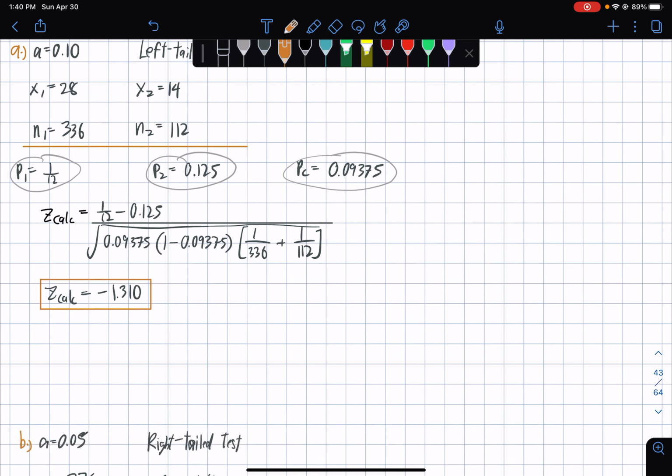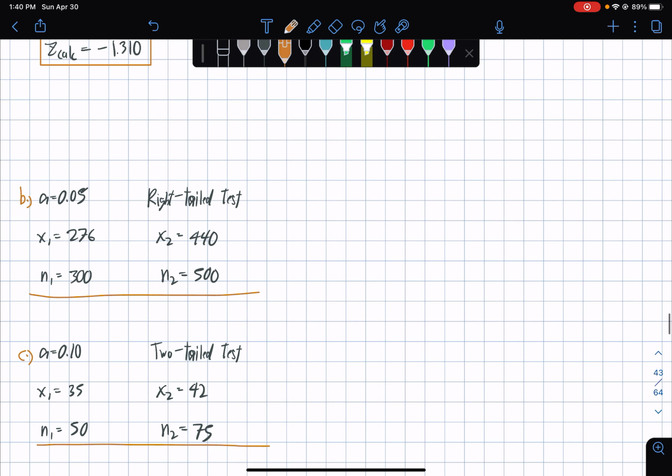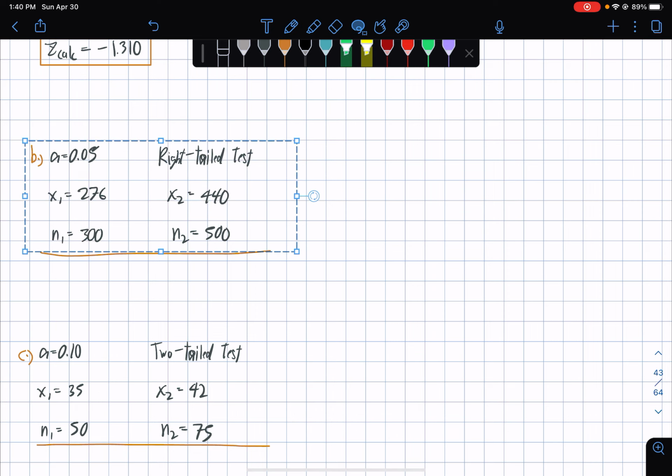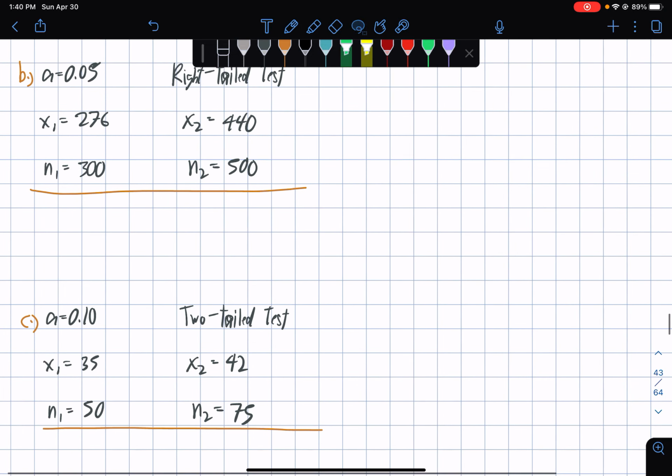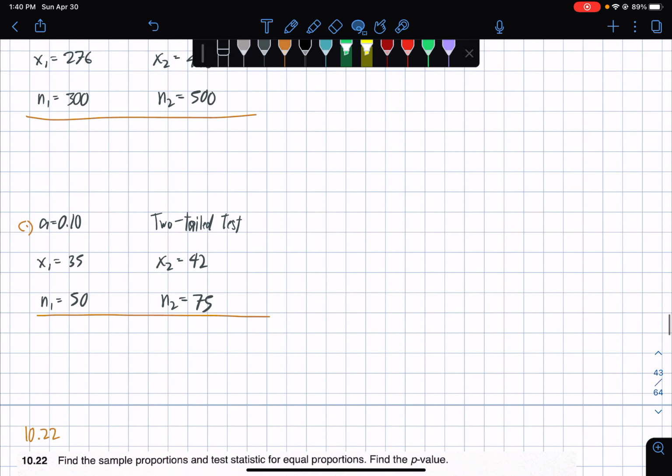While we wait for the ebook to load, let's answer letter B. As much as I really appreciate the information in the ebook, the software is just really slow.